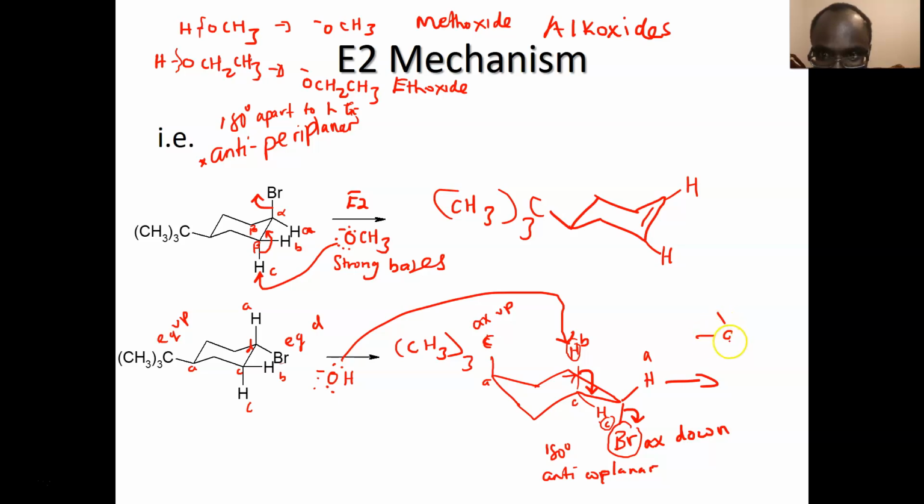So you have the tert-butyl group and your chair with the double bond right there. So this will be the product. Okay, I've emphasized the anti-planar rule, 180 degrees orientation of the beta hydrogen relative to the leaving group. You have to know that.